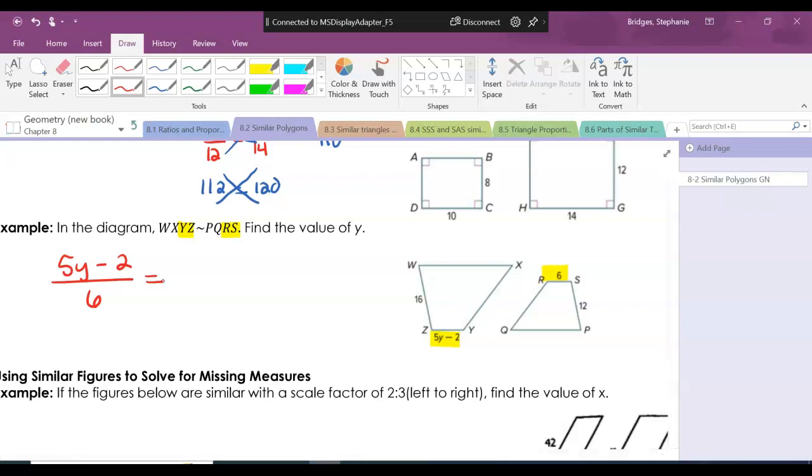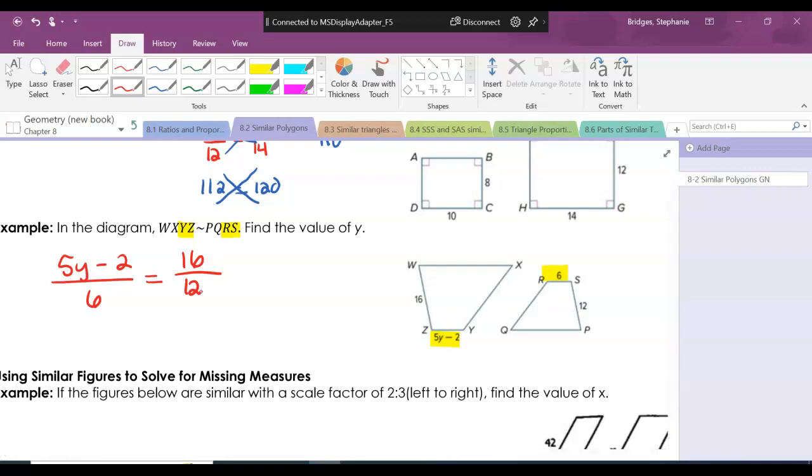What is the only side length that I have? 16. Okay, so 16 is going to go at the top right there. And then the 6 came from this shape over here, so my other number is going to come from here. What is the only other number that I know? 12. Okay. What we do have to do is make sure they're the right sides, which in this case they have to be because they're the only ones that I was given.